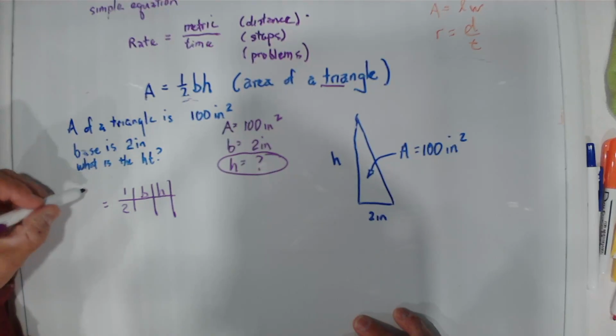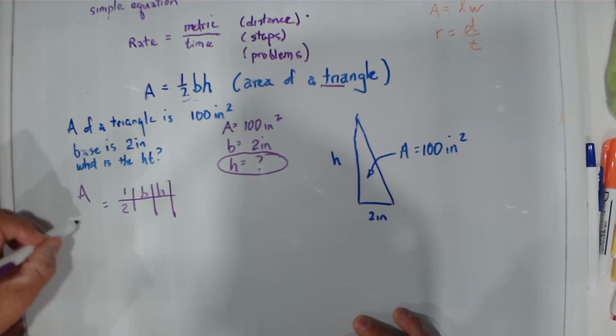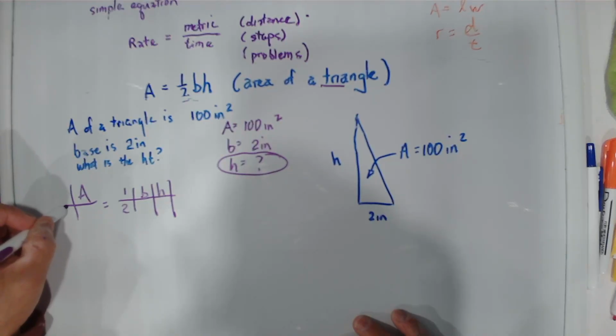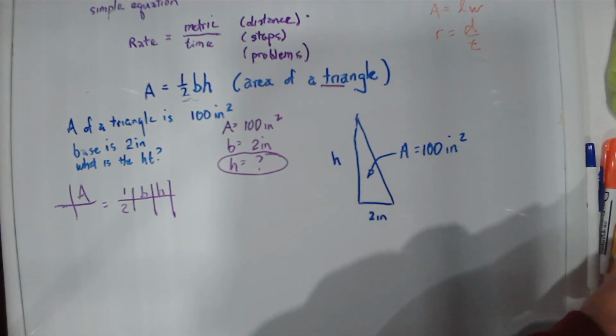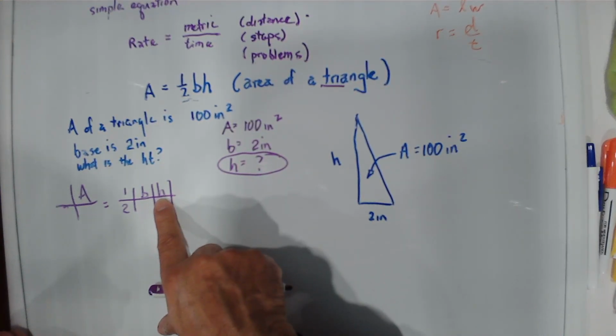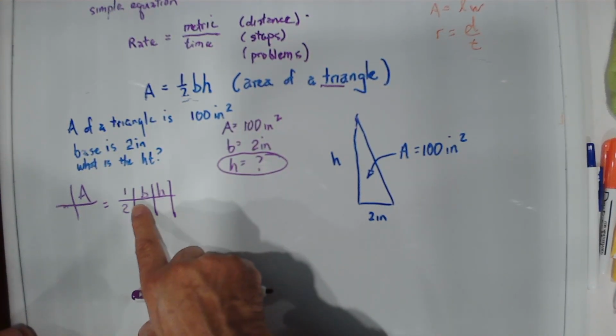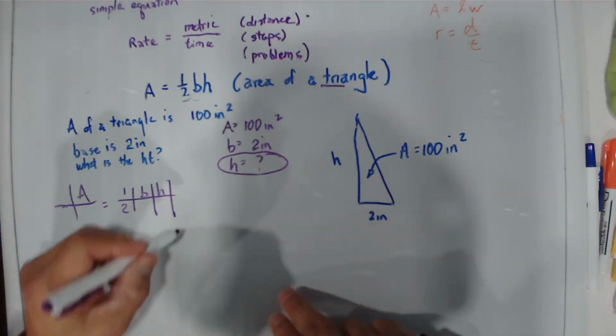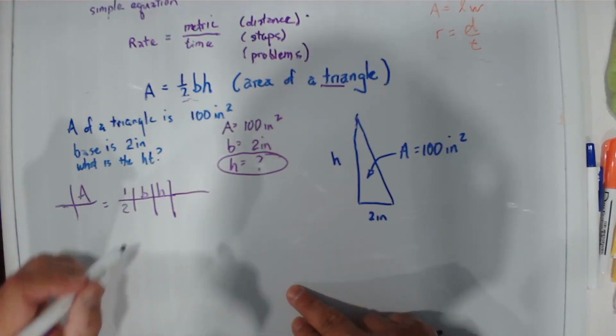I'm going to put the A on top a little bit higher, and I'm going to use that little framing technique that we do. Okay, I want to get H by himself on this side. What do I have to do? Well, I've got to get rid of the B, and what do I have to do on here to cancel out B?